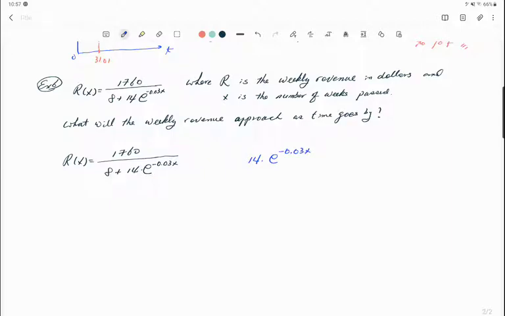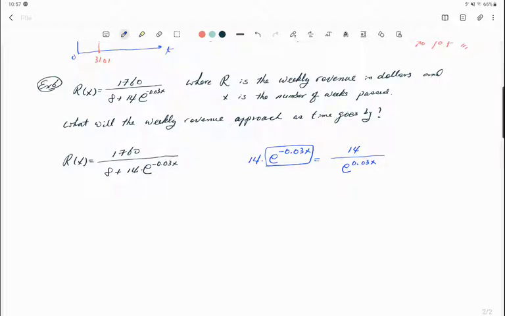Can we rewrite it so that we move this to the denominator because the exponent is negative? Once we move this exponential form to the denominator, it becomes a positive exponent, right?